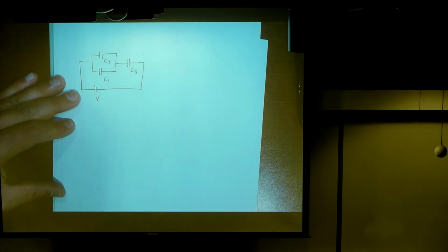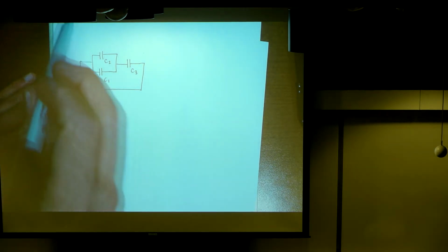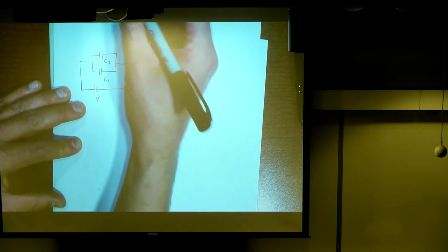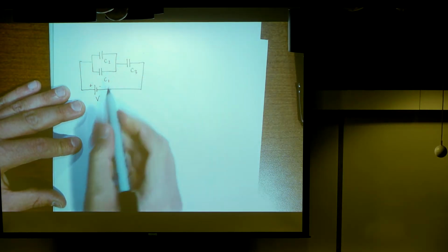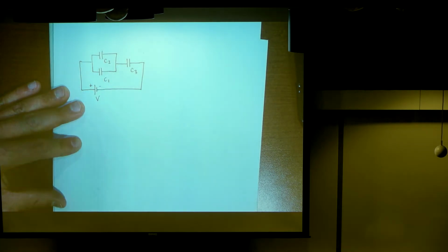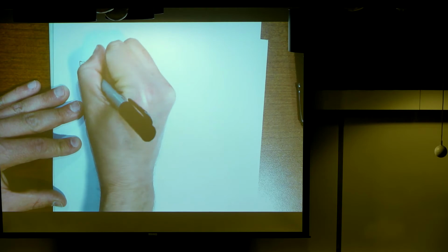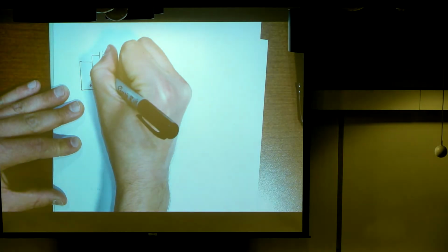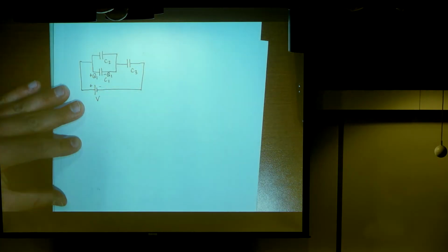Okay, so I want to know what the charge on each one of these capacitors is, so let's actually label the plates. That's going to help us for what comes next. For capacitor 1, the plate that's connected to the positive terminal of the battery is going to have a positive charge on it, which I'll label as positive Q1. This one is going to be negative Q1, so that's just the positive and negative plates of that capacitor.